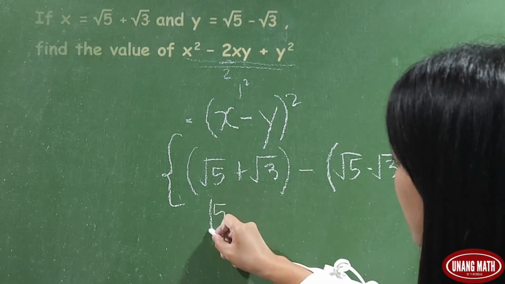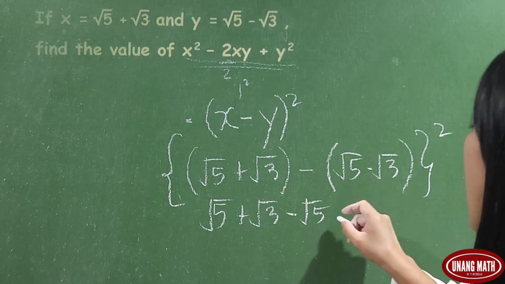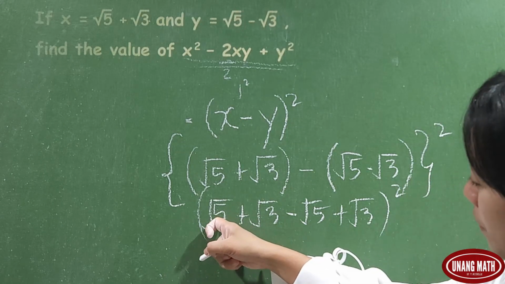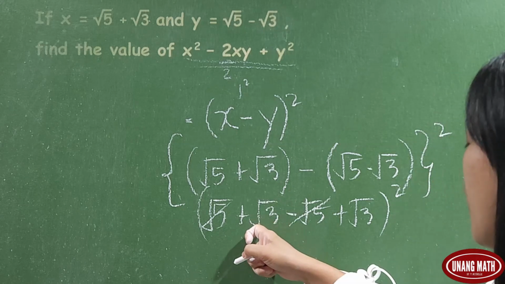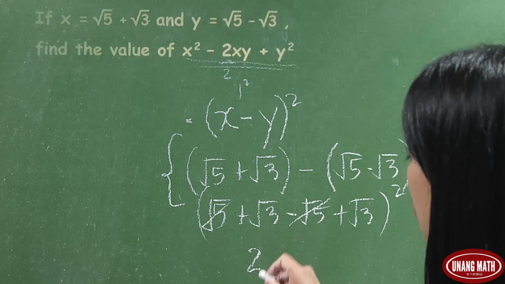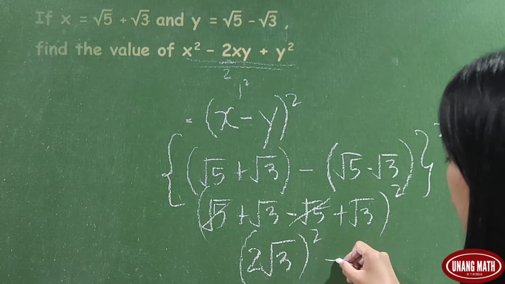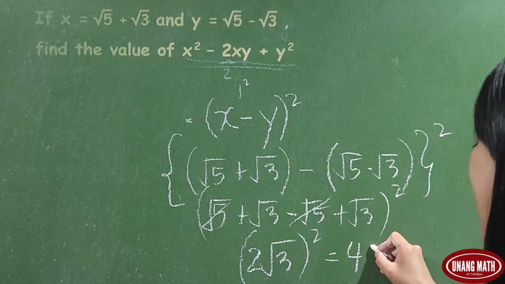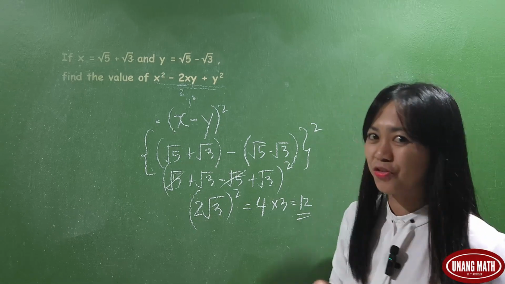So this is then square root of 5 plus square root of 3 minus square root of 5 plus square root of 3. Square root of 5 minus square root of 5, we can cancel this out. So we now have square root of 3 plus square root of 3, which means this is 2 square root of 3. Inside the parenthesis is squared. So 2 squared is 4. Square root of 3 squared is equal to 3. So 4 times 3. Then we have an answer, 12.